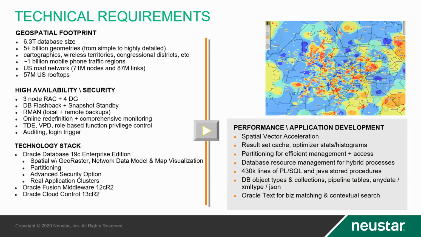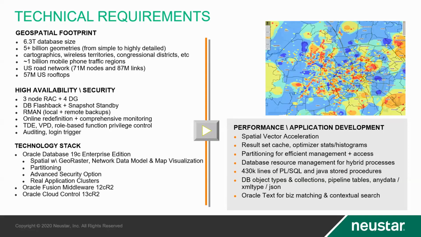This is a bit of a busy slide. What I want to get across here is that we have a very large geospatial database. We have billions of geometries in our environment, ranging from simple to very detailed, like wireless boundaries, congressional districts, different time zone boundaries, and all kinds of areas.